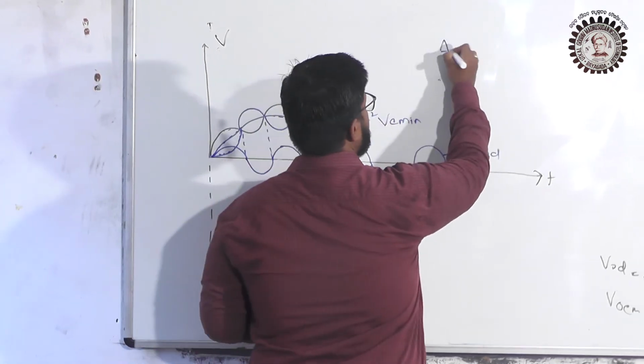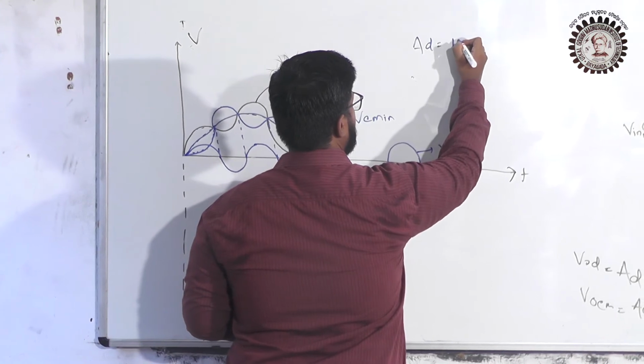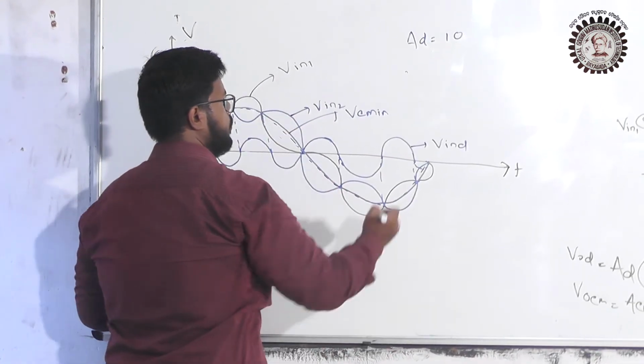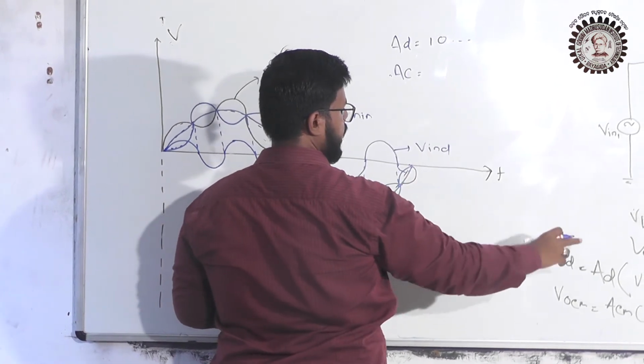Let us assume that our differential gain of the amplifier is 10, and our common mode gain is 0.1.